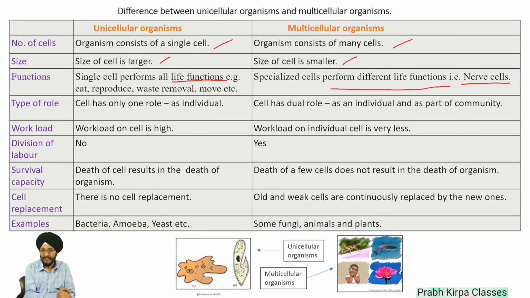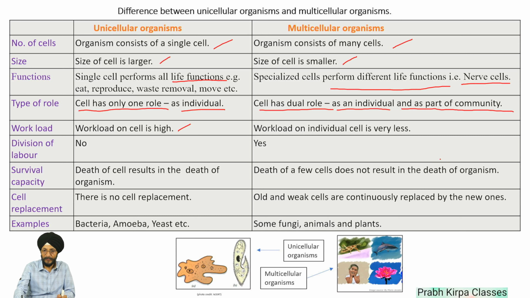For example, nerve cells. Type of role: a unicellular cell has only one role as an individual. On the other hand, in the case of multicellular organisms, a cell has dual role as an individual and as well as part of community. Workload: in the case of unicellular organisms, workload on the cell is high.